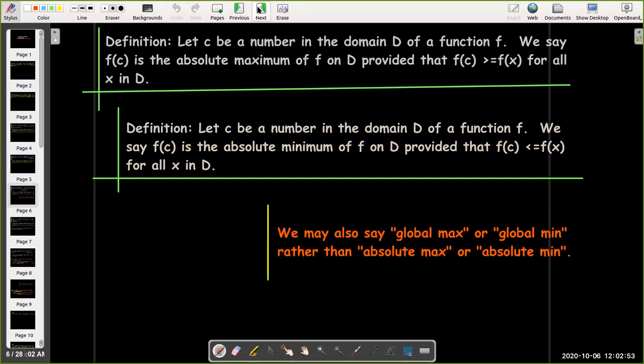So absolute max and absolute min, sometimes we would say global max or global min. Those phrases are synonymous with each other.